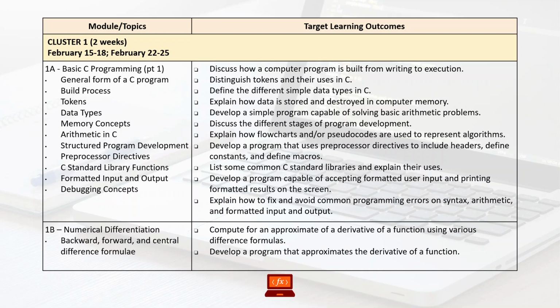Tapos ang corresponding math is numerical differentiation. Okay? So you can see 1A and 1B yan. Kasi nga per module or per cluster, it's subdivided into 2. So yung A, lahat ng makikita yung A dito is for the programming part. And lahat naman ng B is for the mathematical part. Okay? So 2 weeks to, February 15 to 18 and February 22 to 25.